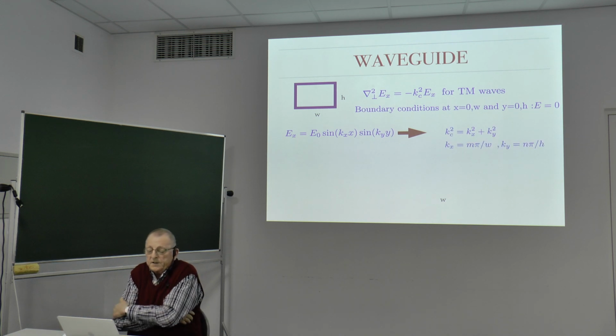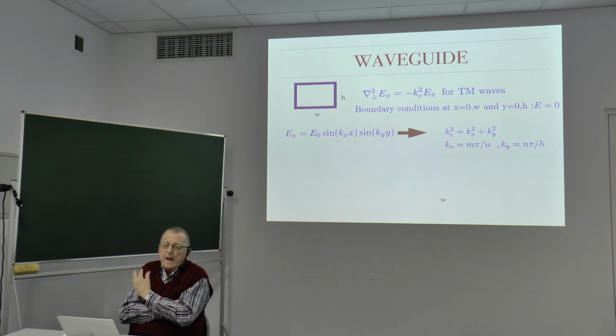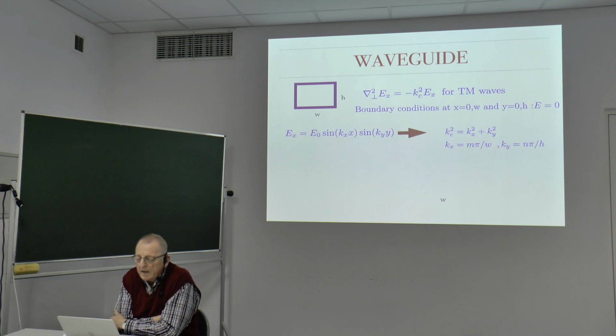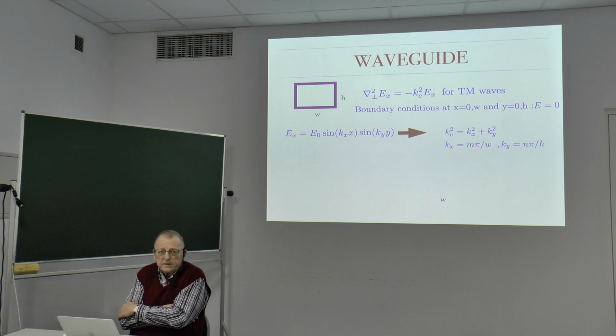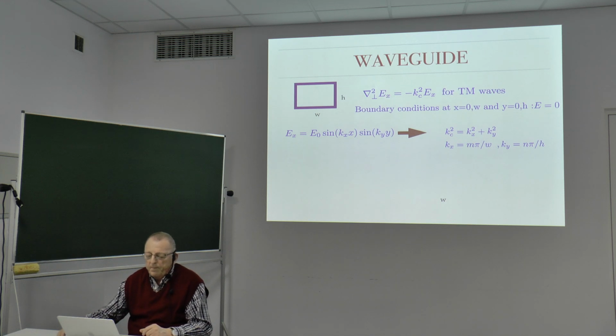The wave vector component kx is proportional to m pi, where m is a natural number, and the same with the y component. And the wave vector k square is a sum of those two numbers.